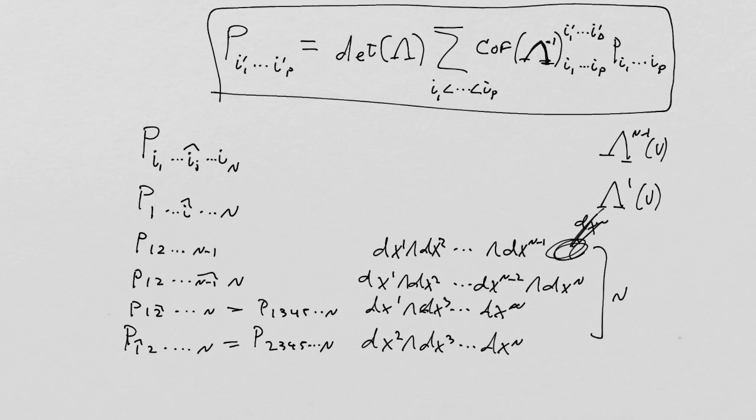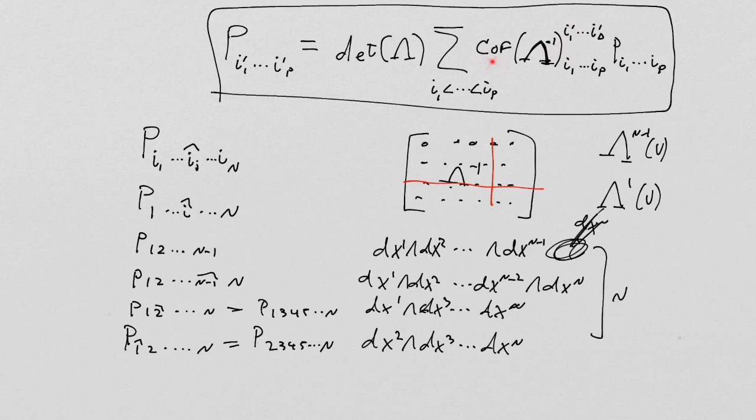If you go back and figure out cofactors, if say this is our matrix lambda inverse, and I have all these matrix elements in here, well, I know that this list of included rows and columns is going to be everything except one. So all I have to do really is exclude a single row and a single column, and everything else forms the minor of this matrix, and that's what this thing is.